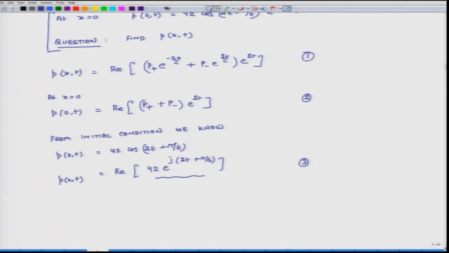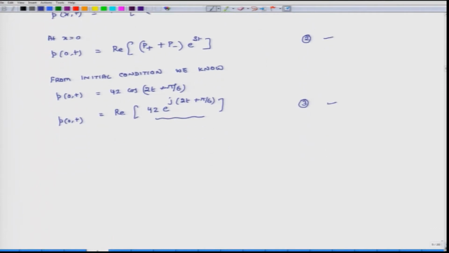Okay. So, I have one equation for p(0, t), equation number 2, and I have another equation, equation number 3. I can equate them.